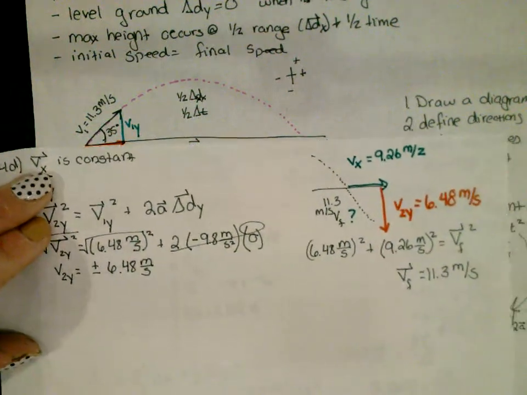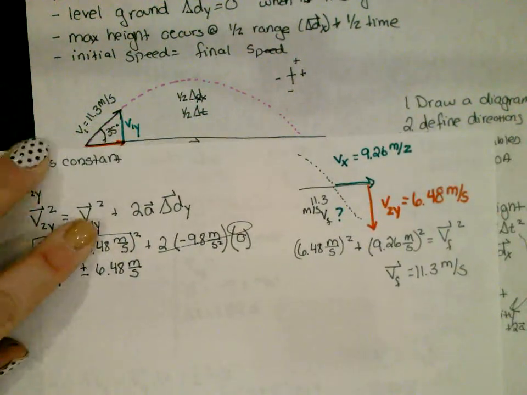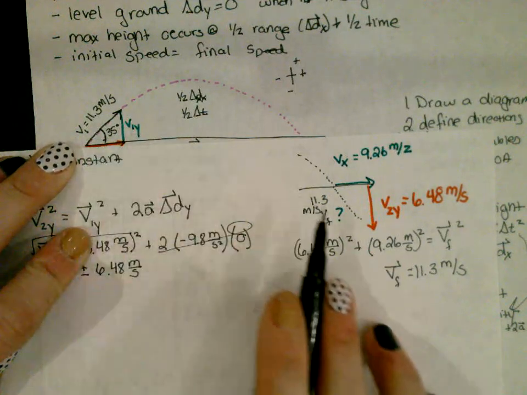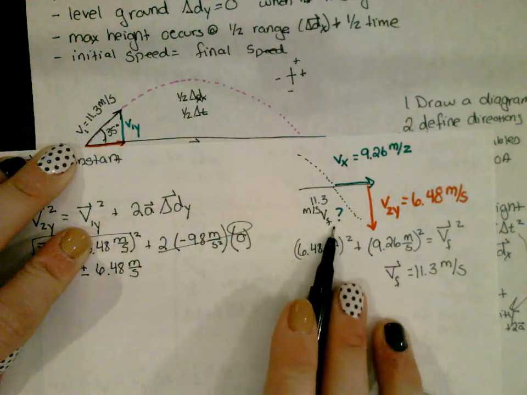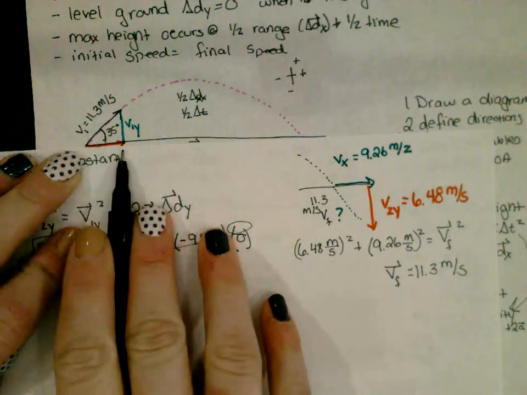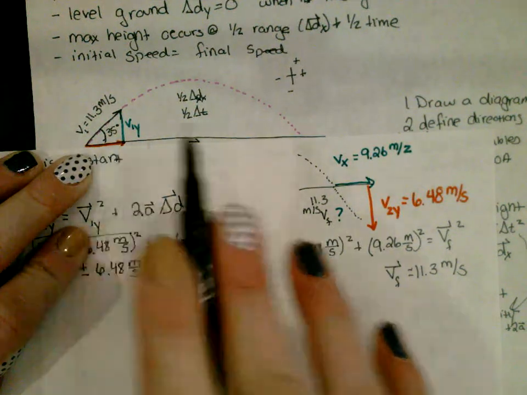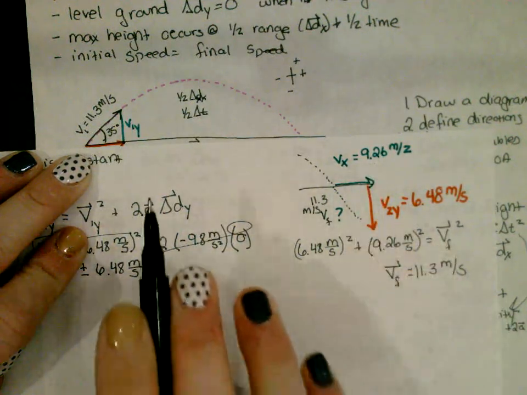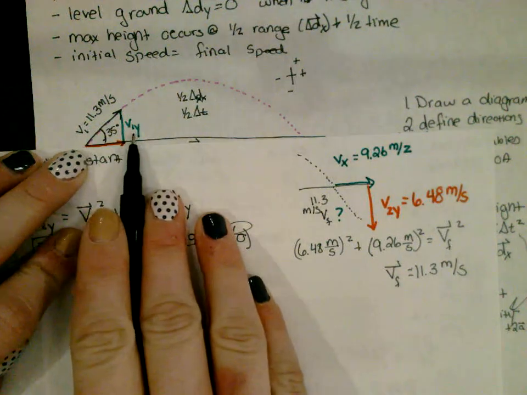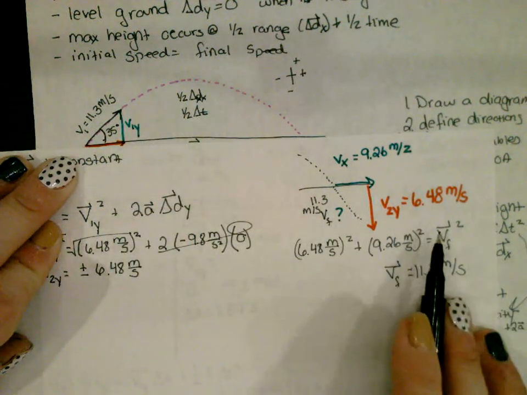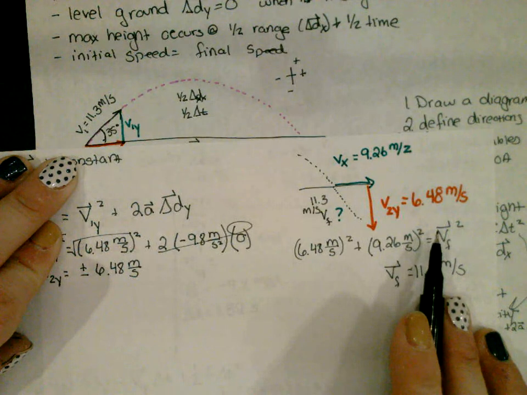And let's compare these two triangles really quick. My initial velocity was 11.3 meters per second. My final velocity was 11.3 meters per second. My initial horizontal velocity was 9.26. My final horizontal velocity was 9.26. My initial y velocity was 6.48 meters per second. My final y velocity was 6.48 meters per second.